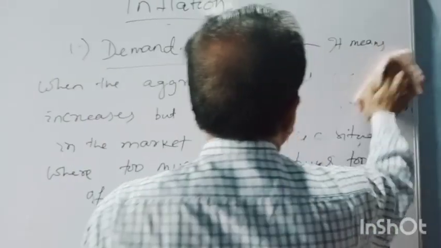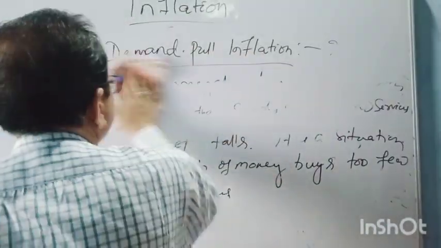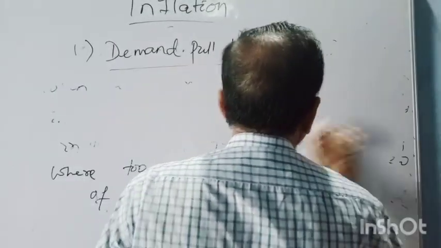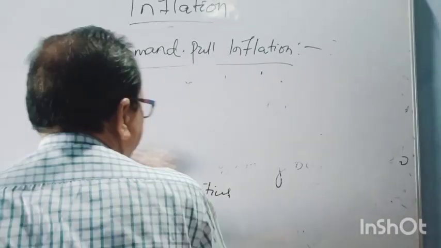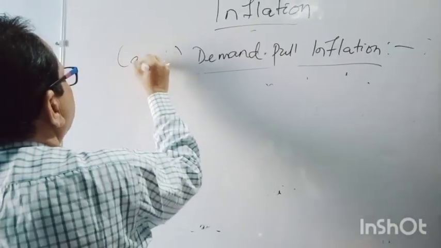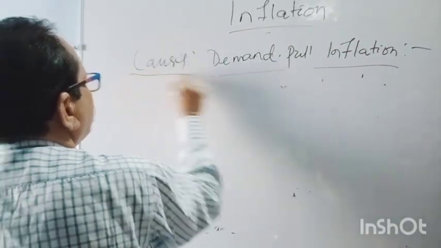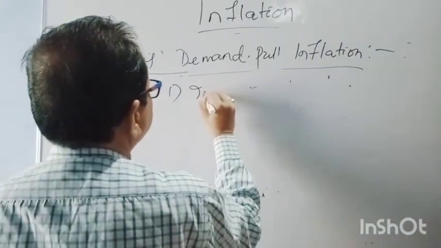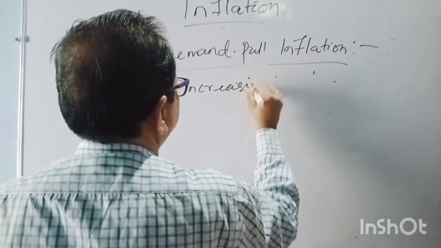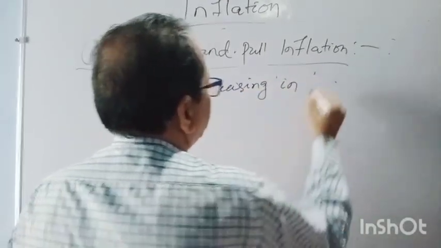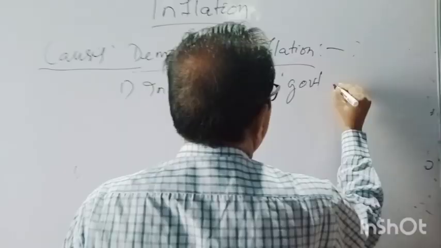Now let us discuss the causes of demand pull inflation. What are the different causes? The first one is increasing government expenditure.